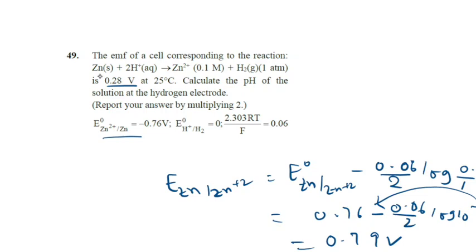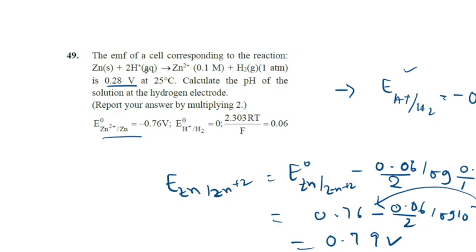And the EMF of both the zinc electrode and hydrogen electrode, if we consider the electrode potential of H plus and H2, it is nothing but minus 0.06 pH. We have a direct relation between E and pH.